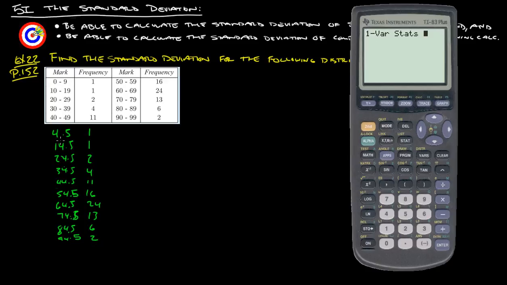We just go back into stat. We're going to calculate. We got one variable stats, and again we have 2 lists of data, so we do second, and then list 1. Oh, that's not what I wanted. Let me go back, do that again. I forgot to put list 2 in there. So one variable stats, second list 1, comma, and then second list 2, and then we hit enter.